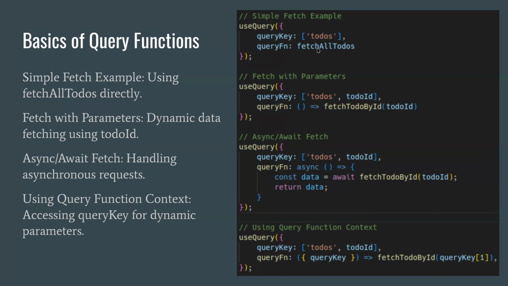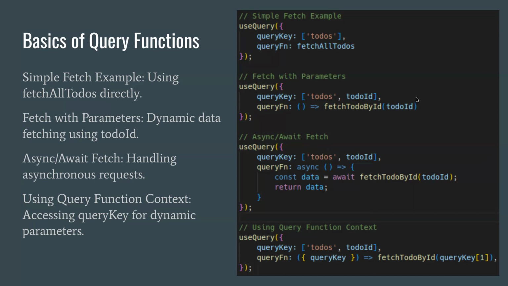You don't need to provide any parameters or anything like that. I guess a more complex scenario would involve parameters, such as providing a to-do ID, so you can fetch only the to-do with the specific ID.